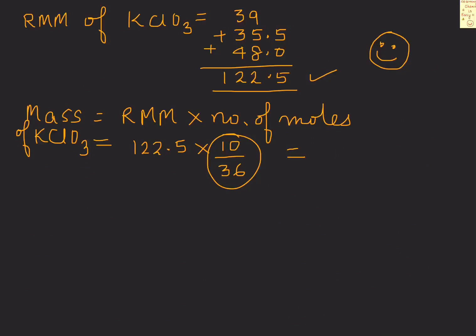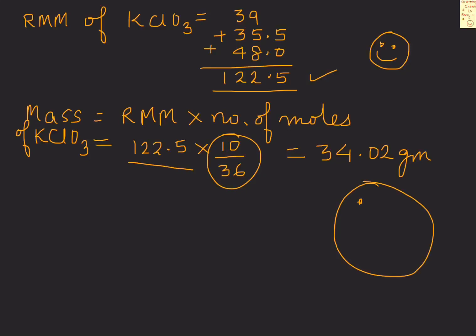We don't do the division at this point. We leave it for the final and we get the answer as 34.02 gram. If you've got this right, we have a big smiley because you are doing good in this lesson.